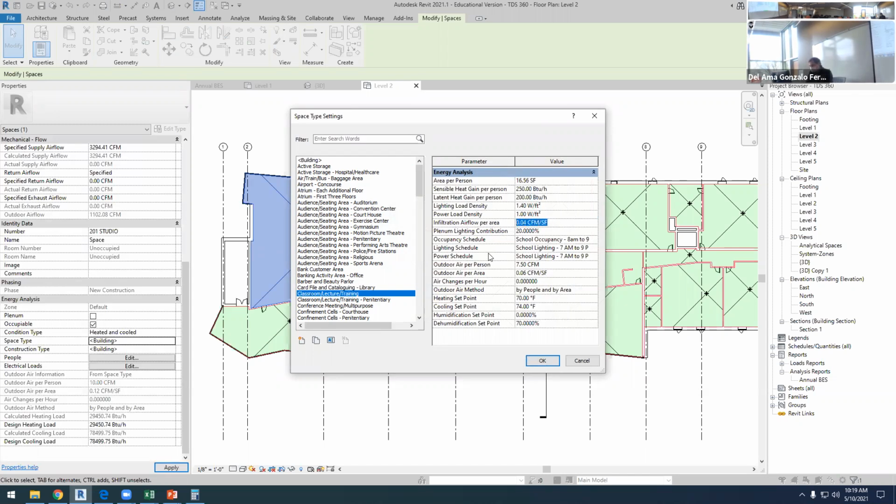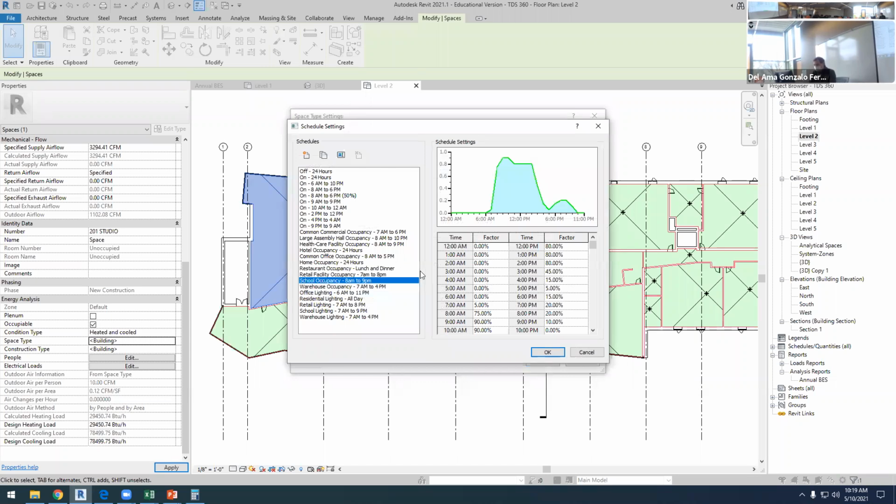Oof, this is too much, but at least we can work with the schedule. With the schedule here, we can work from 8 a.m. to 9 p.m. If we select the building, by default we have this from 8 a.m. to 9 p.m. I think this is good. This is enough. But you can change it here.